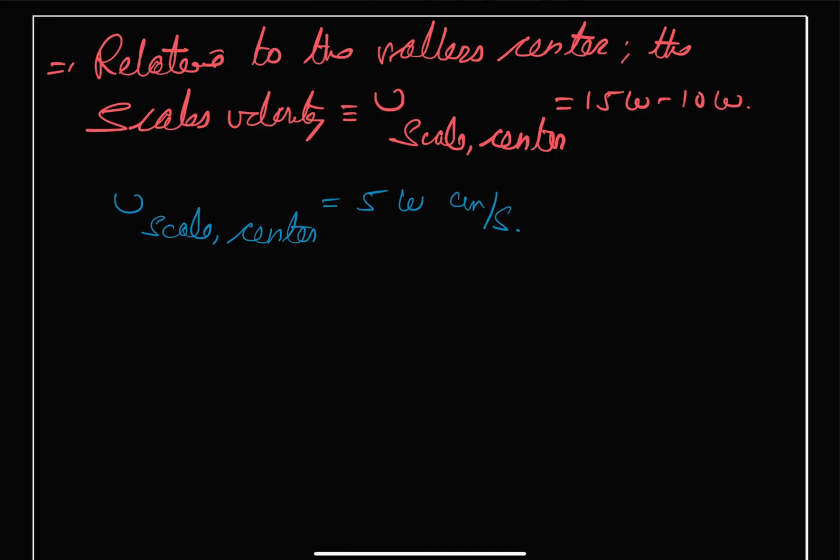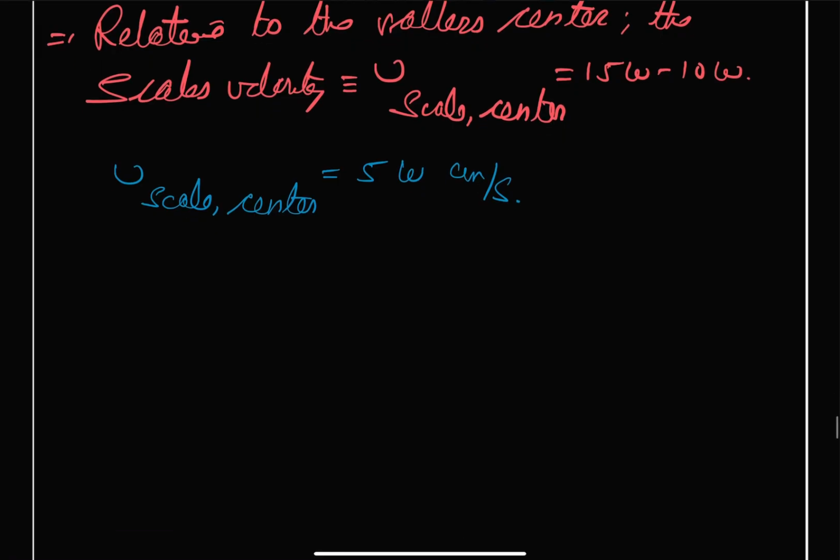And so this relative motion is going to result in the scale sliding over the axle surface.